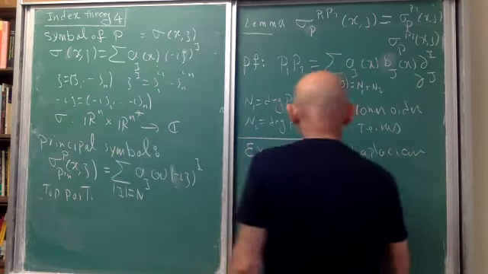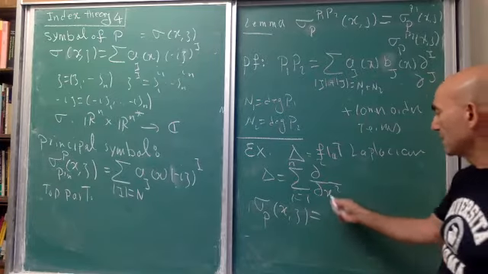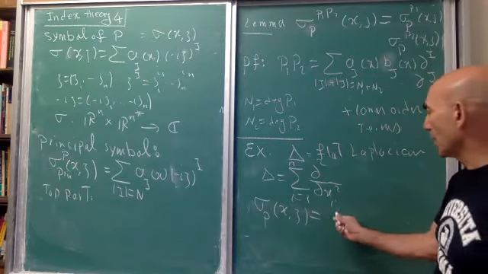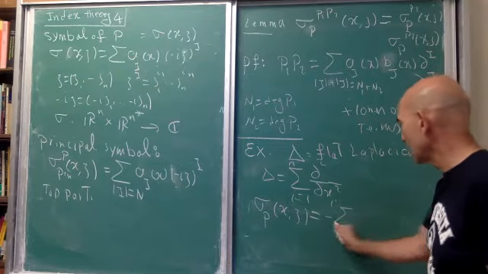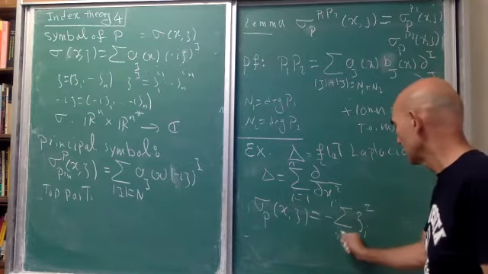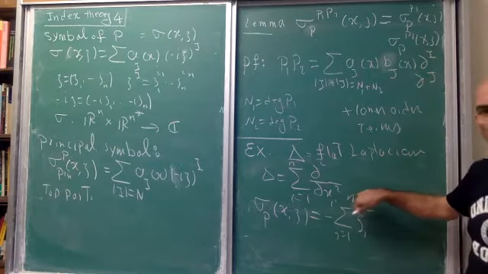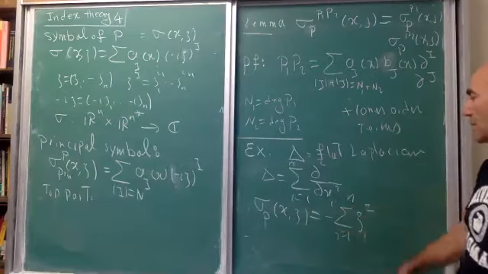We have to replace d/dx by iξ. So basically, since i squared is -1, this is going to be minus the sum of ξi squared, i from 1 to n. This is the principal symbol of it.